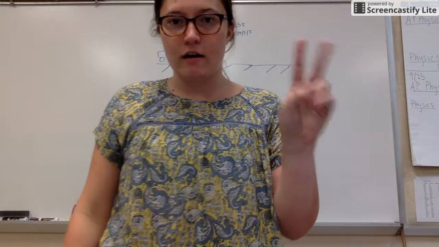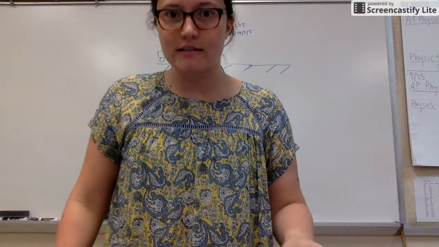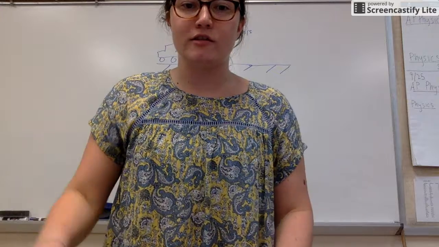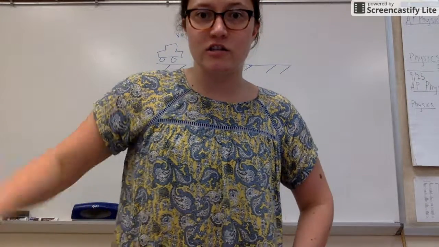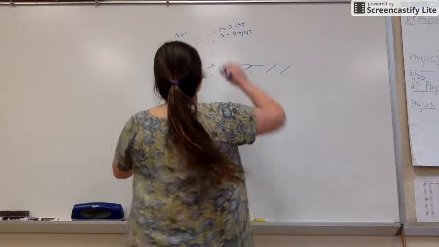Two things to note while writing these variables. One, you are given a velocity in kilometers per hour. You want meters per second, so you need to change that to meters per second. It's going to be 11.1 meters per second.